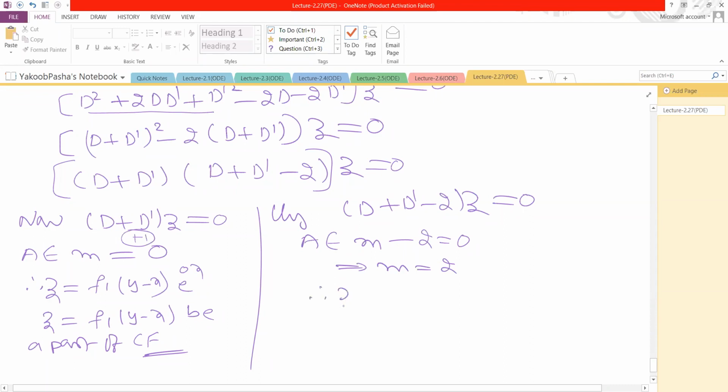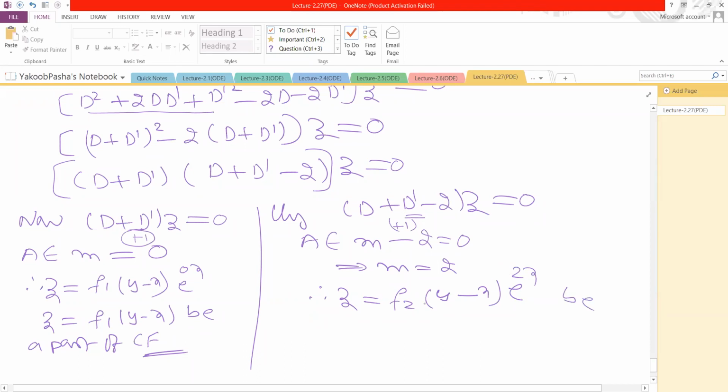So z is equal to, ఇప్పుడు ఆర్బిటరీ ఫంక్షన్ రాసేటప్పుడు D' ని యూజ్ చేసుకుంటాం. ఇక్కడ D' కోఎఫిషియంట్ +1 ఉందండి, +1 కాబట్టి y minus x, e to the power of 2x. OD లాగా రాసుకుంటాం కానీ OD కాదు.